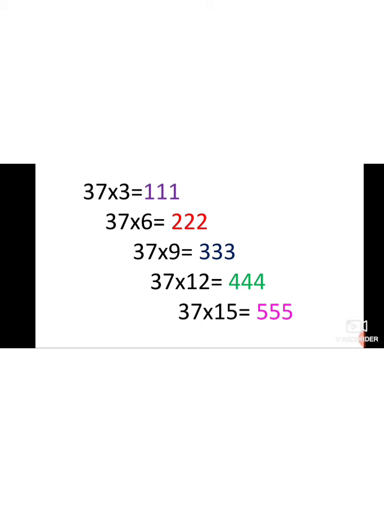So this is how you understand a pattern. And once you understand a pattern, you will be able to solve any problem easily. So in everything, try to look for a pattern.